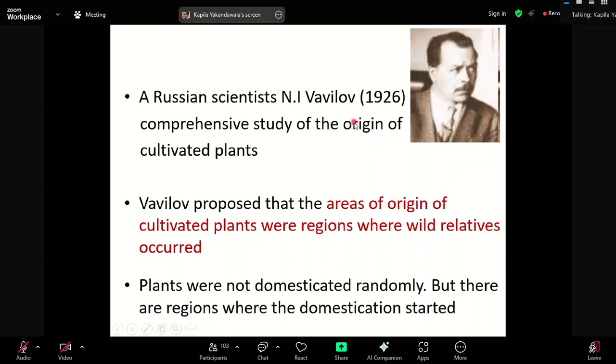Because a long time ago, more than 100 years ago, plants were not distributed throughout the world, but they were concentrated, especially cultivated plants. So he found these cultivated plants very close to the places where these plants were originated, or where you can find the crop wild relatives.